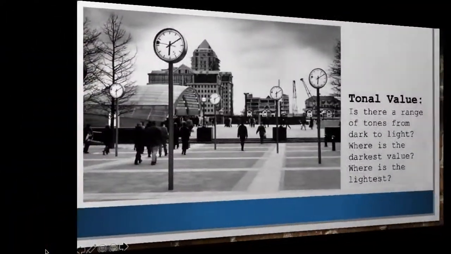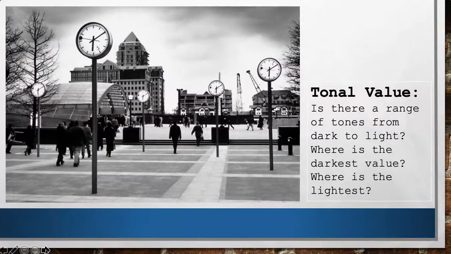Tonal value. Now that's all to do with the tonal range between the dark areas and the light areas. So in this picture I took in Canary Wharf, it's obviously changed a lot now, but when I took this, I wanted to really emphasise the idea of the commuters going home, and this has got a lovely range of tonal qualities, because you've got the pavement where you've got the different surfaces and tones, and then you've got the black silhouettes of the figures as well.